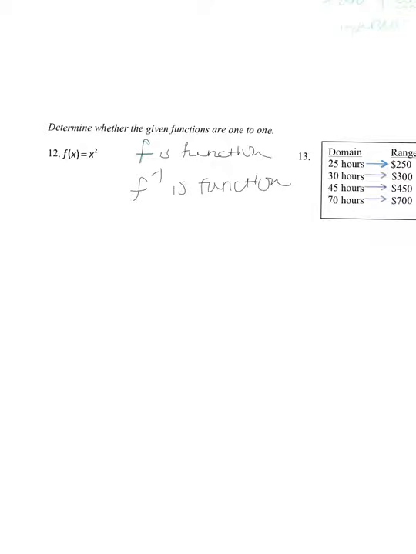So if we're looking at number 12, f of x equals x squared. That is a function. If we graph that, that's a parabola. It passes the vertical line test, right? Just crosses once, anywhere we draw the line. But the inverse of that function is a sideways parabola. This is the inverse.